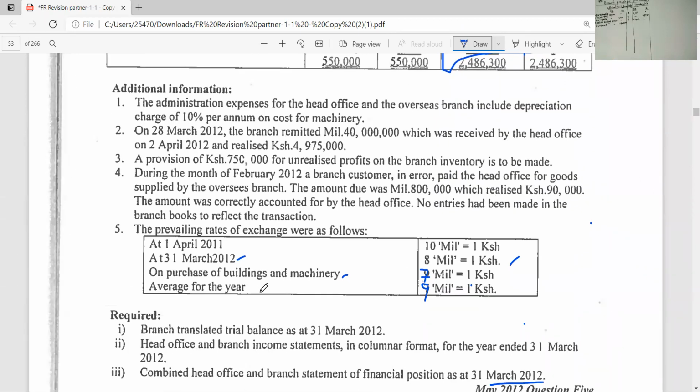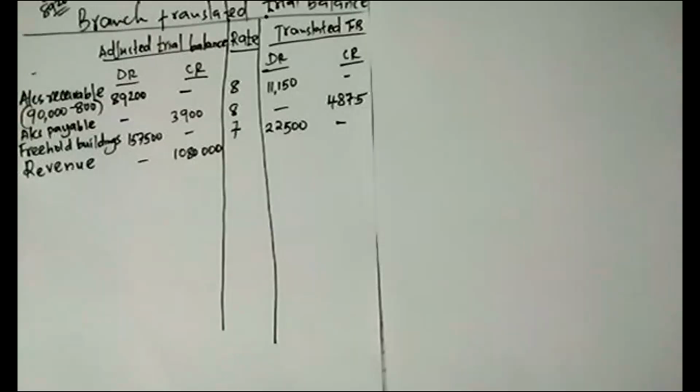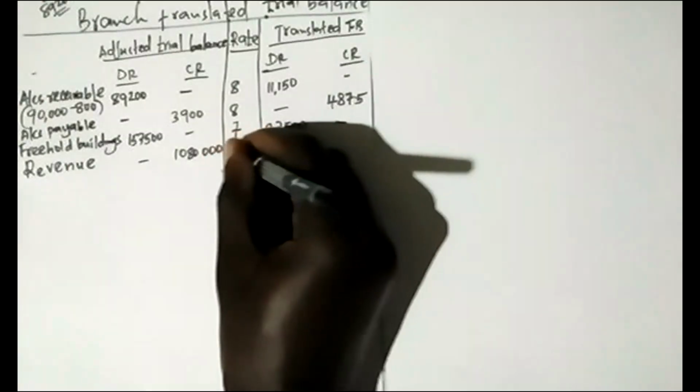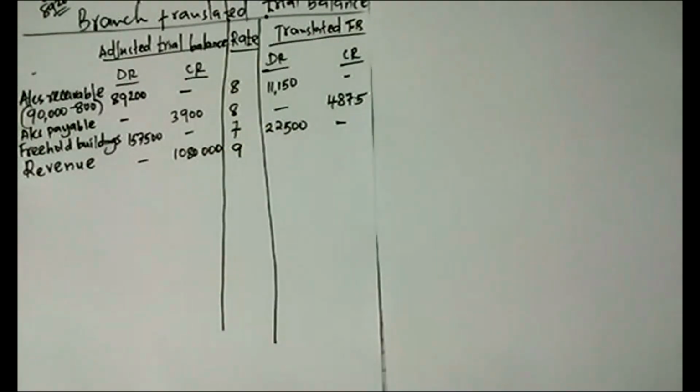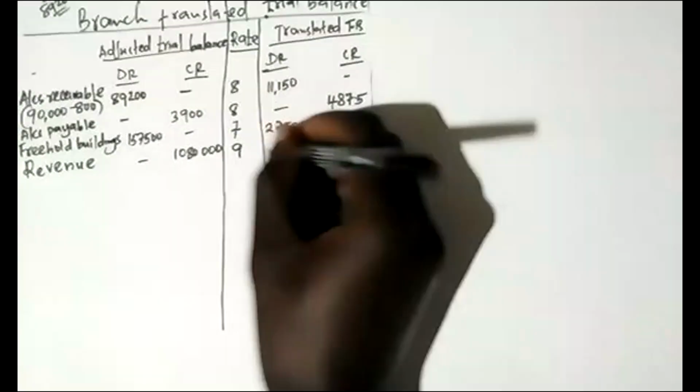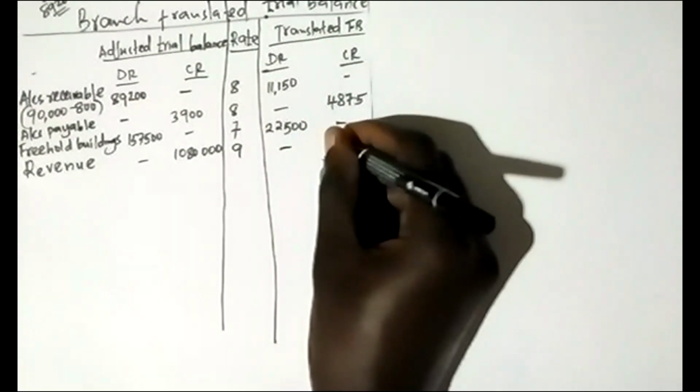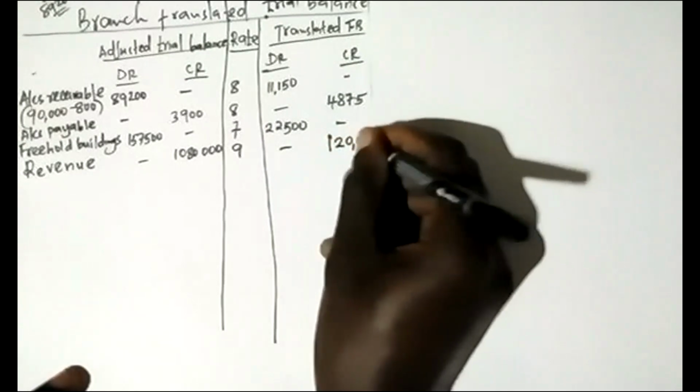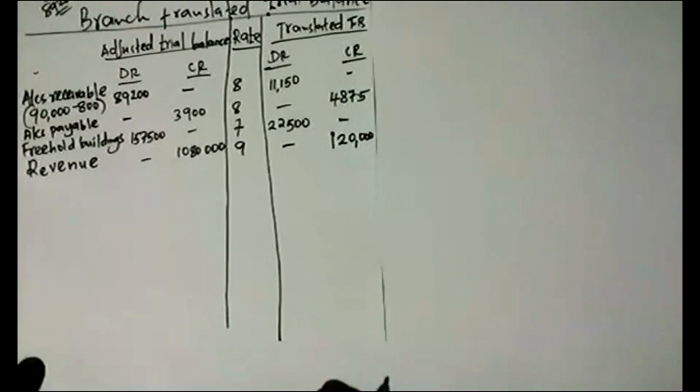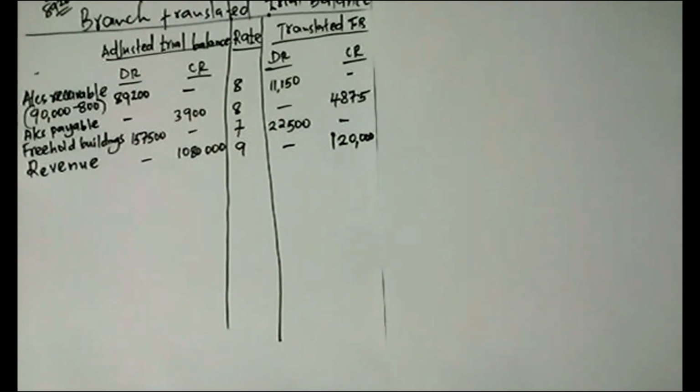So the average rate for the year is 9. If I divide, I'm getting 120,000. That is 120,000.